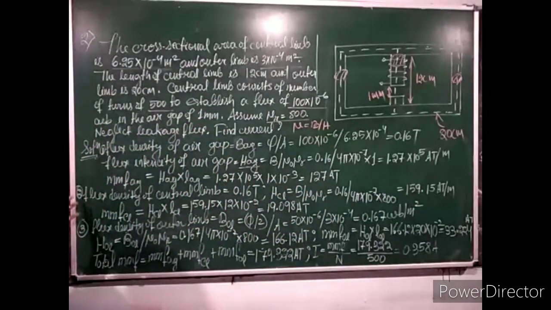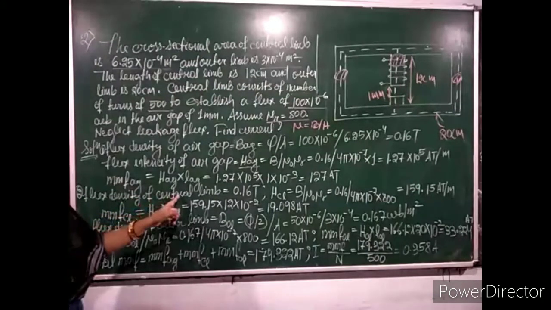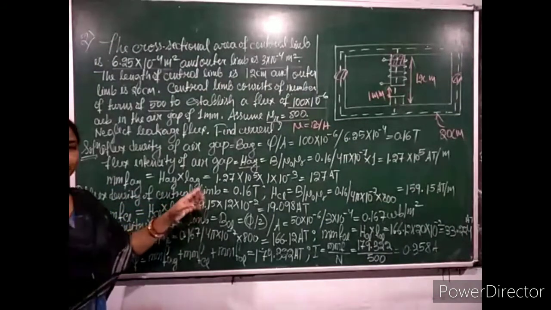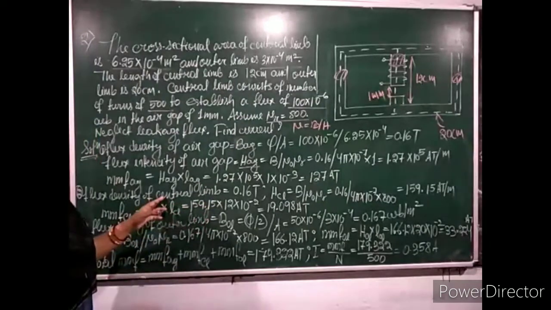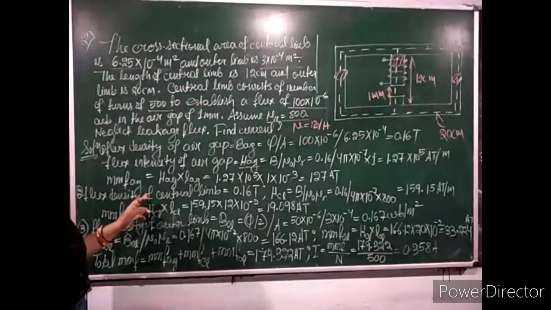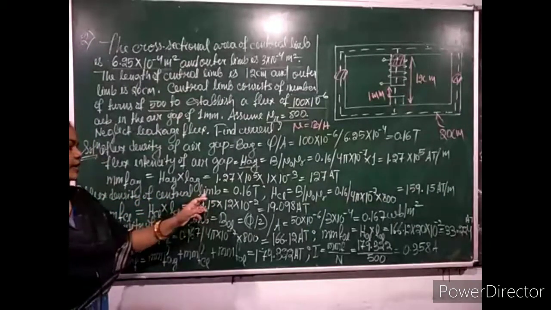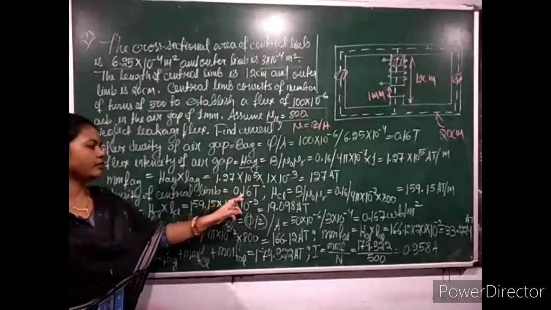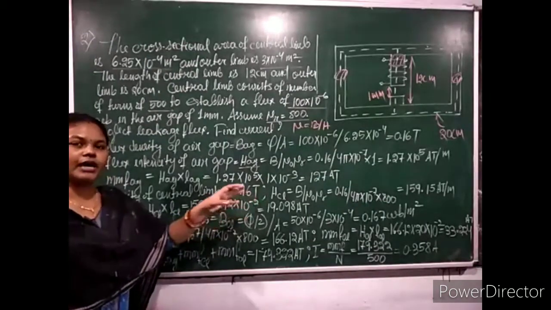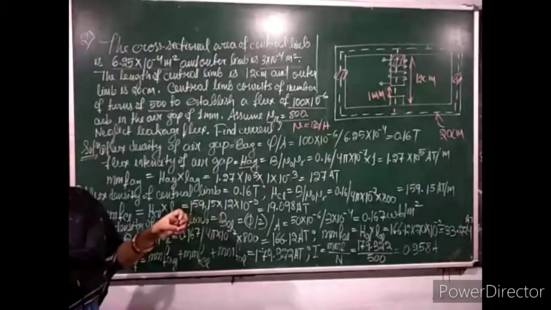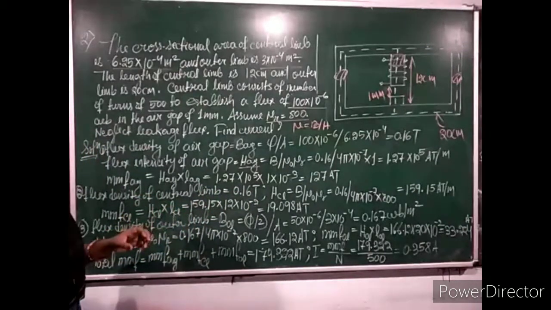Similarly, you will calculate MMF of the outer limb. So, see how I calculate it. First you find the flux density of the central limb, sorry, not the outer limb, that is the central limb. Flux density of the central limb is 0.16 Tesla. It never changes; for air gap and for central limb, it is equal.